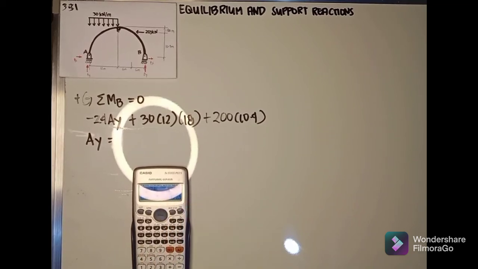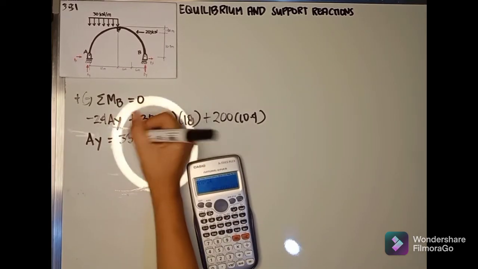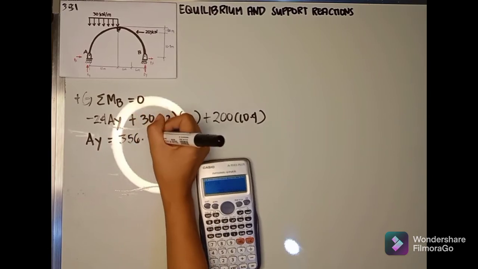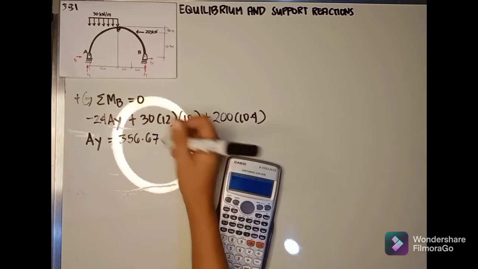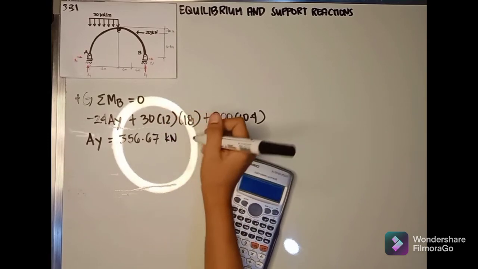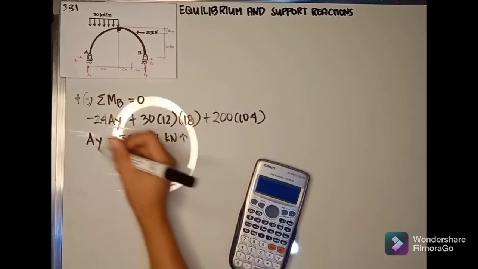The answer is 356.67 kilonewton and upwards since it is positive.